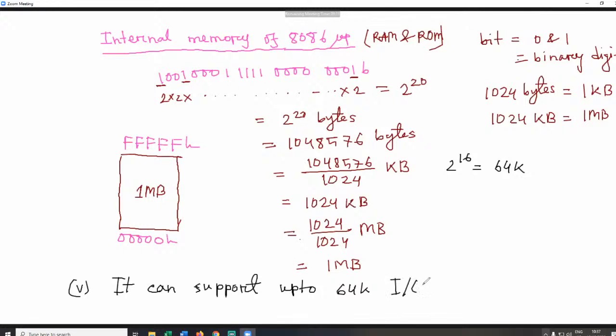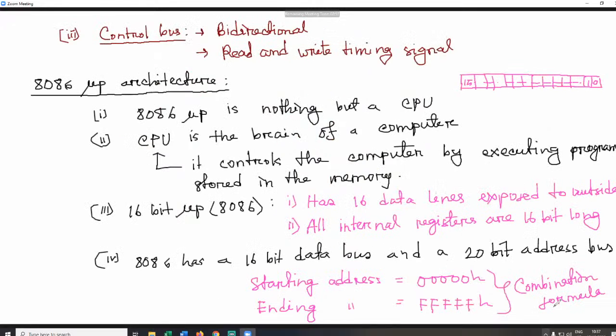We can write it in short as input output ports. So it can support up to 64K input output ports. That is point number 5.